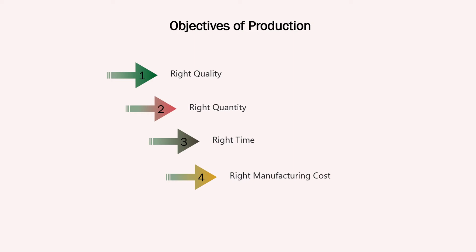The first one is the right quality. The first and foremost objective of any production unit is producing the right quality of goods for their customers. How are we going to define quality? Quality differs from individual perception. Here quality is defined as the requirements of the customers.